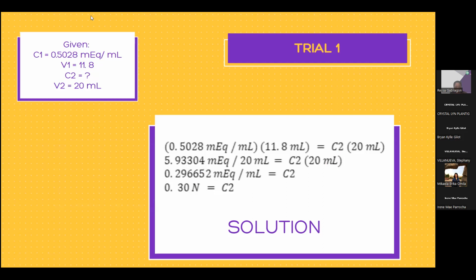Now we will cancel out the ml, and we will be left with 5.93304 milliequivalent equals C2 times 20 ml. To cancel the 20 ml, we divide both sides by 20 ml. So C2 will be left behind and our answer will be 0.296652 milliequivalent per ml, or in a simplified way, 0.30 N.